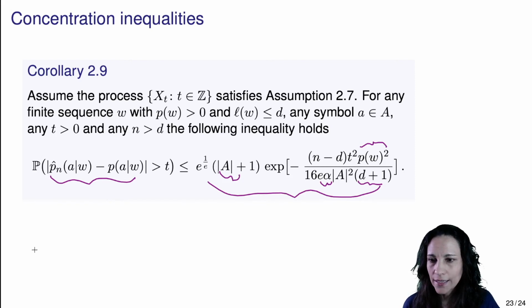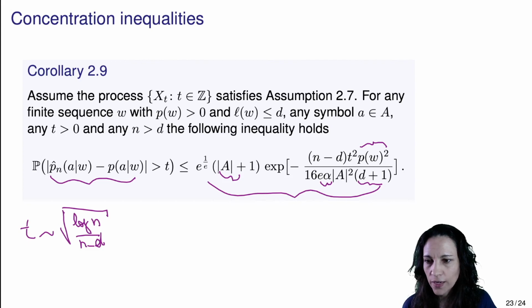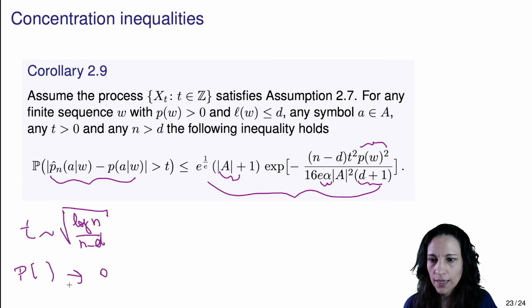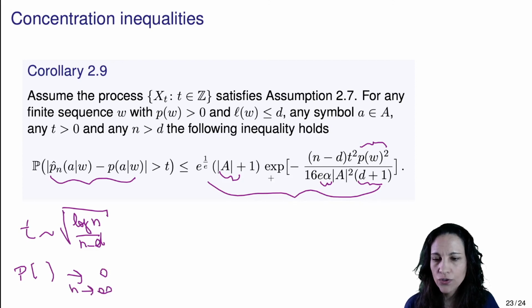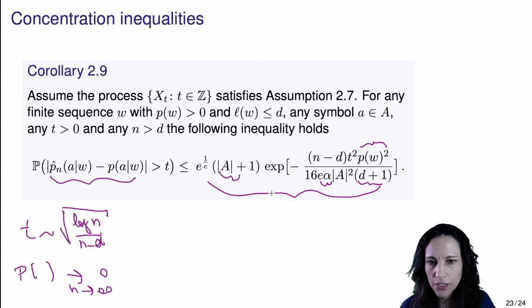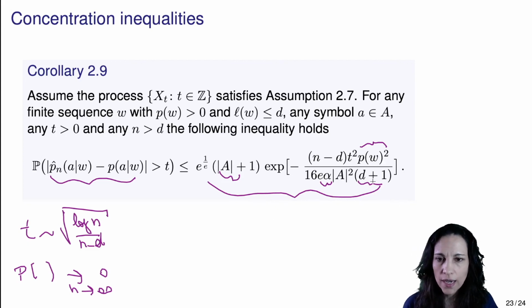So we can take a value of t of order square root of log of n over n minus d, and then we have that the bound in the right hand side converges to 0. Then this probability converges to 0 when n goes to infinity, assuming that all the other constants appearing in this expression, like p of W, d, and alpha, are bounded from below or above, okay?